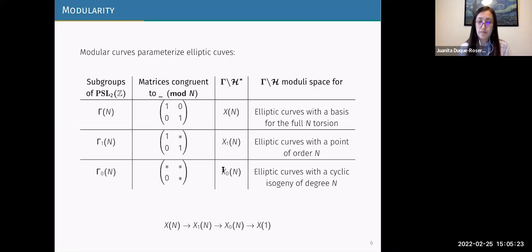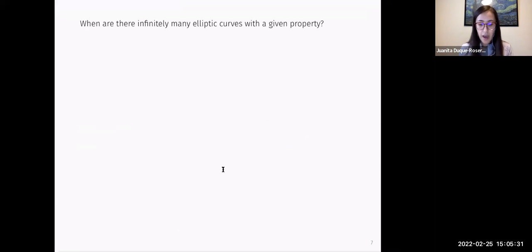Okay, so a natural question that you can ask is, these curves parameterize elliptic curves with certain properties, so when are there infinitely many elliptic curves that have a given property? So you can ask, when are there infinitely many curves with an isogeny of degree 7?